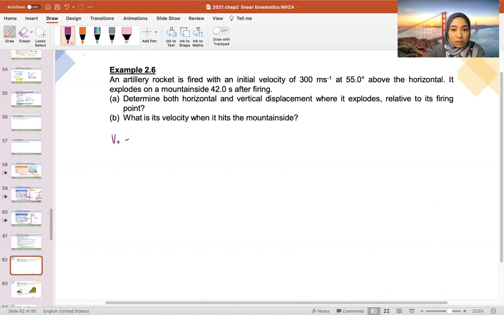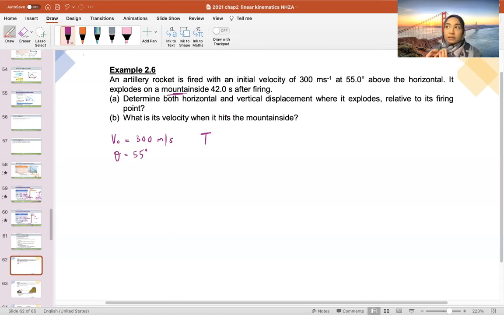So V0 is equal to 300 meter per second at 55 degrees above the horizontal. So the theta of this V0 is 55 degrees positive. It explodes on a mountainside 42 seconds after firing. So the time taken to reach the mountainside, that is your landing point.